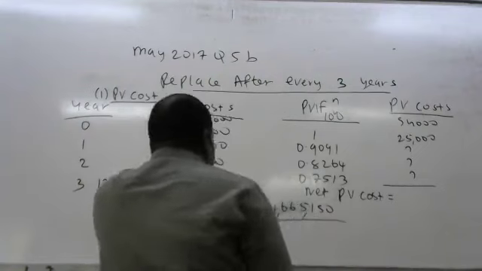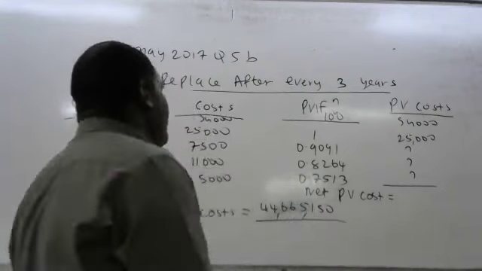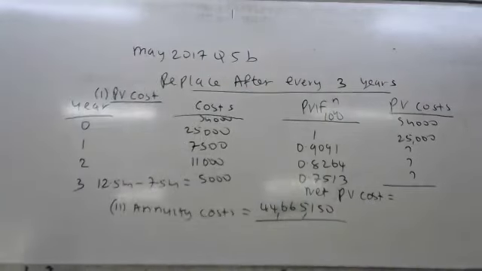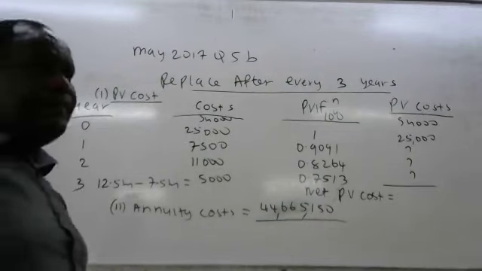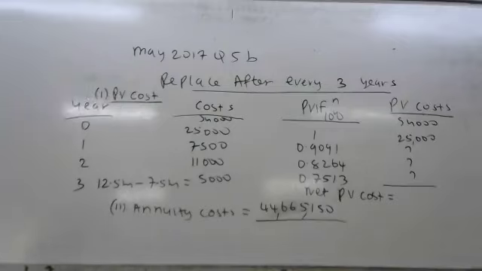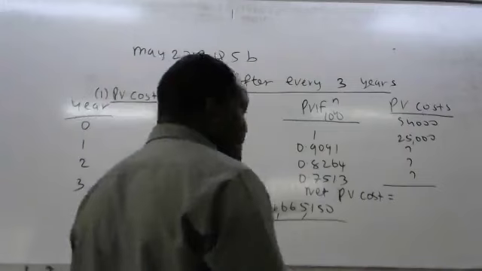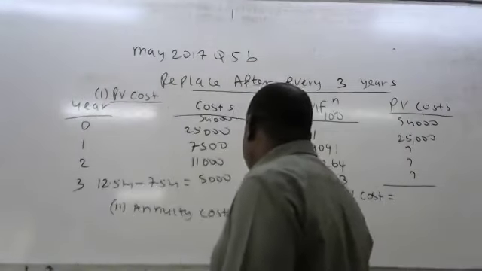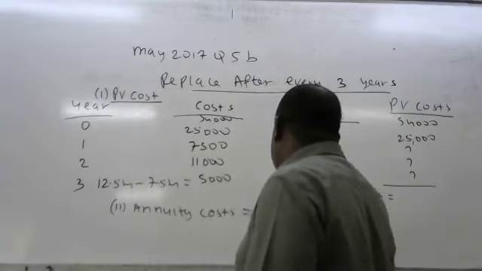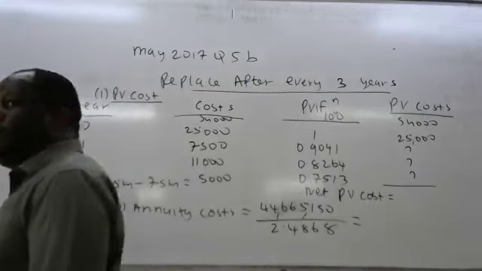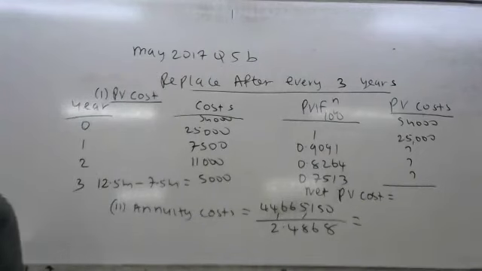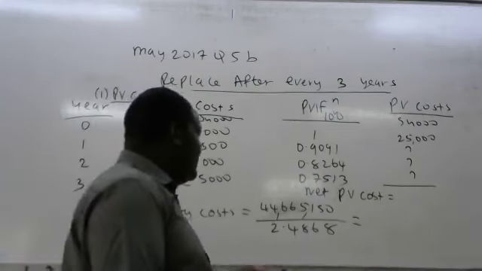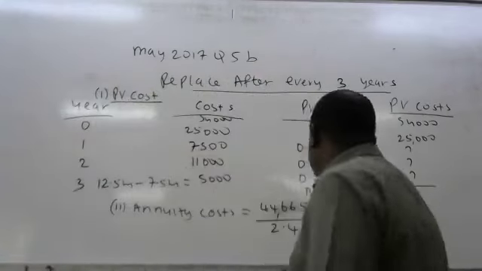Then also check in the annuity table, 10% in year 3. It will be 2.4869.